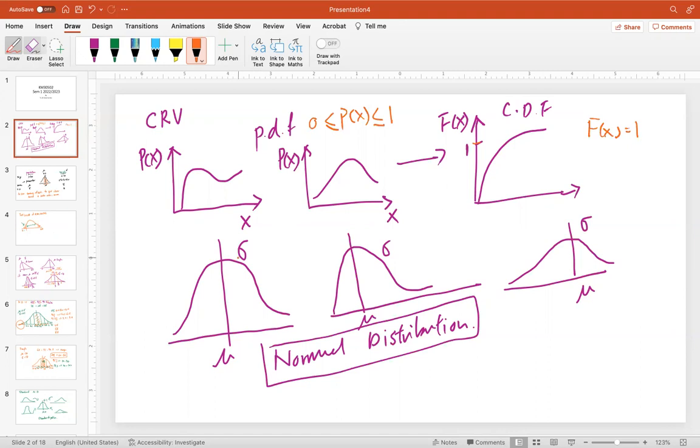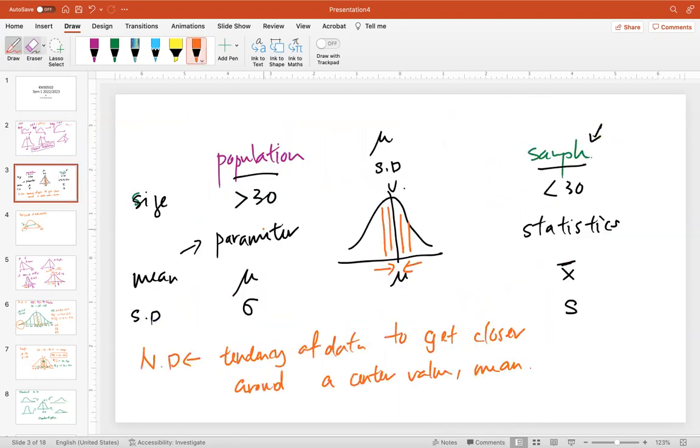Different mean and different standard deviation give you a different bell curve. Normal distribution is also called Gaussian distribution, or some call it a bell curve, right?